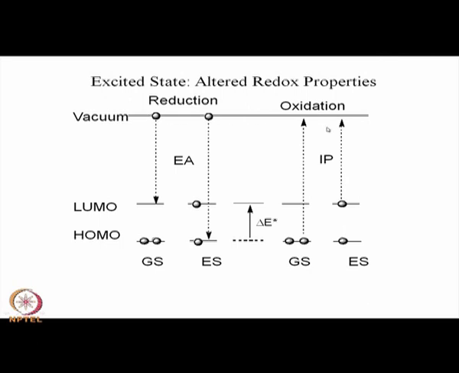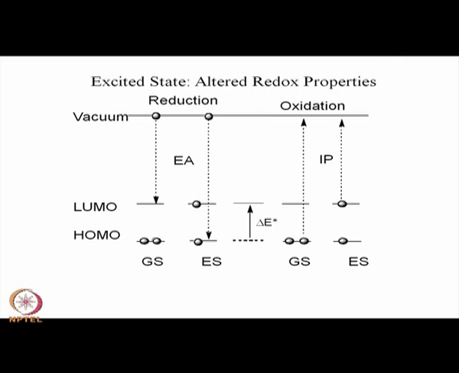In the same way, oxidation and reduction phenomena are drastically affected if you start with the excited state. That's why photo-induced electron transfer or photo-induced charge transfer is sometimes easier, or energetically favorable.